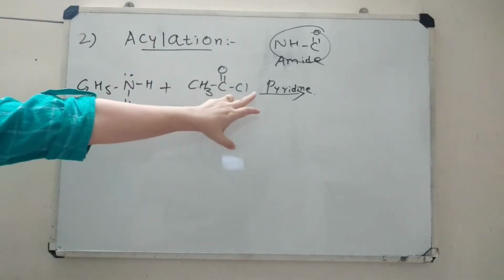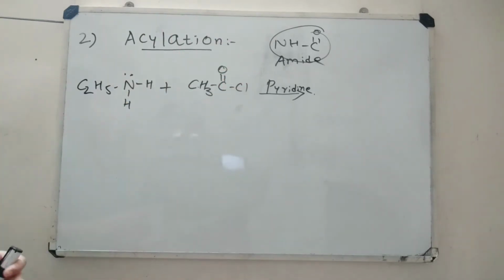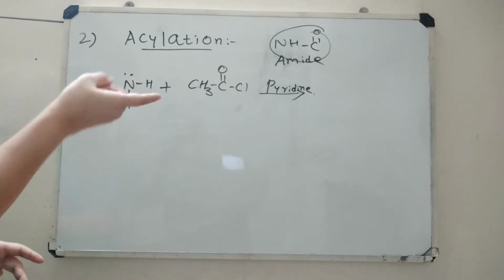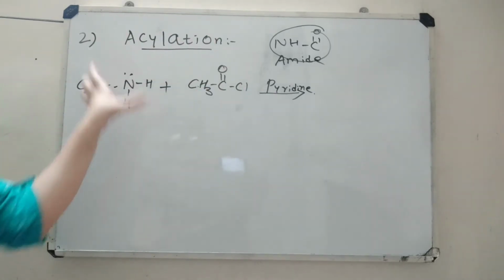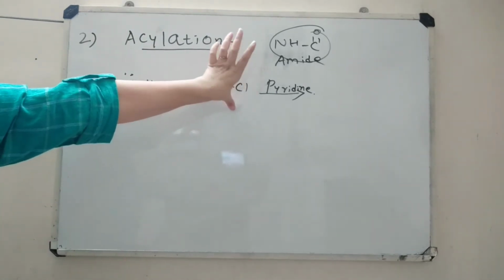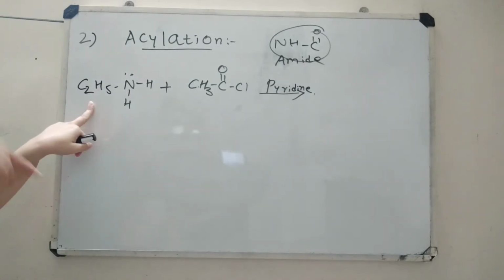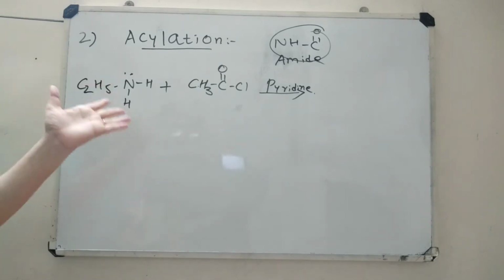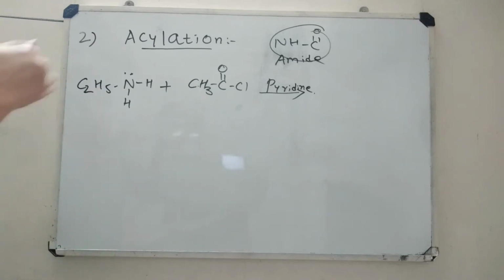Hence we have to use the strongly basic pyridine, which neutralizes the HCl produced during the reaction. This question can be asked: why is pyridine used in this reaction? Because by this reaction the amide group is formed, and the amide is less basic than the amine group, so pyridine neutralizes the HCl produced during the reaction. Hence pyridine is used.